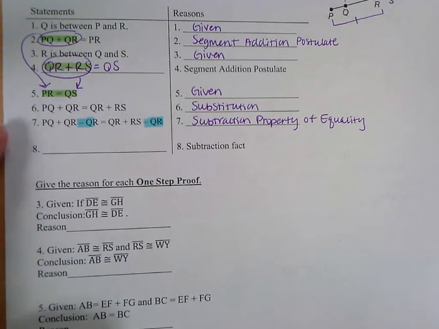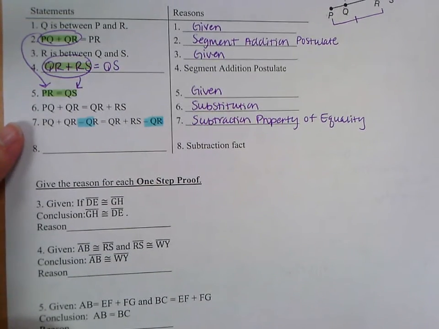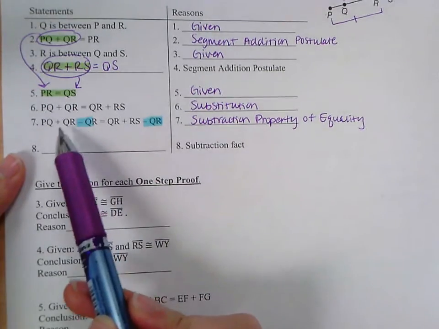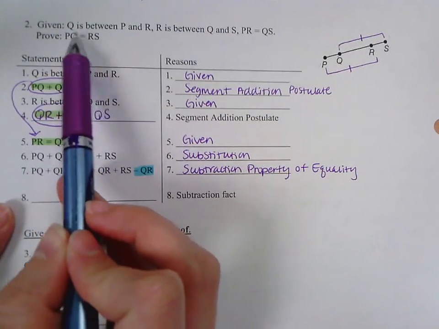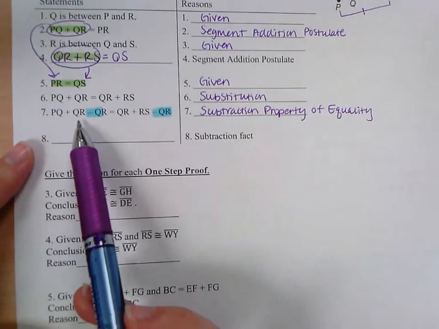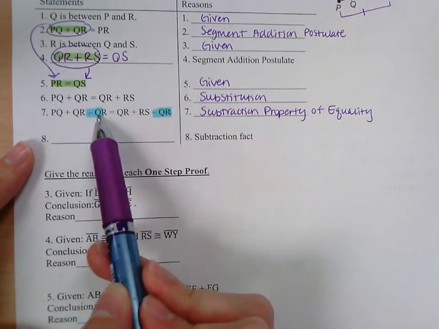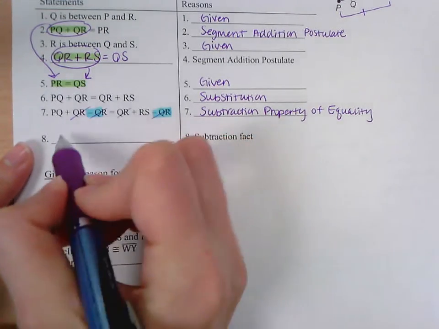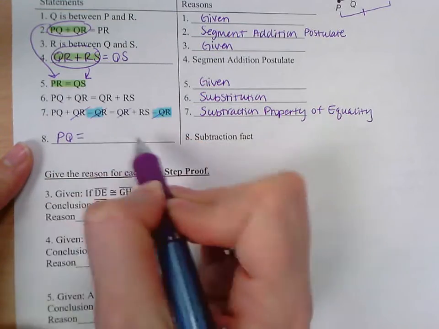So now take line 7 to get what we're trying to prove in line 8. Really what you're trying to prove should be your last statement. But if you look at this, on both sides, I'm going to have QR minus QR. Those will cancel out, and you are just left with PQ is equal to RS.